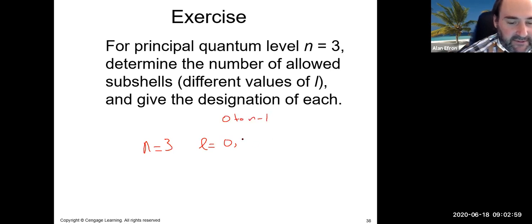So that means we could have 0, 1, and 2 in this case. So as we saw, that represents our s orbitals, represents our p orbitals, and represents our d orbitals, which are the orbitals that we find on the third energy level. And again, as we saw, that's where we first see the appearance of those d orbitals.